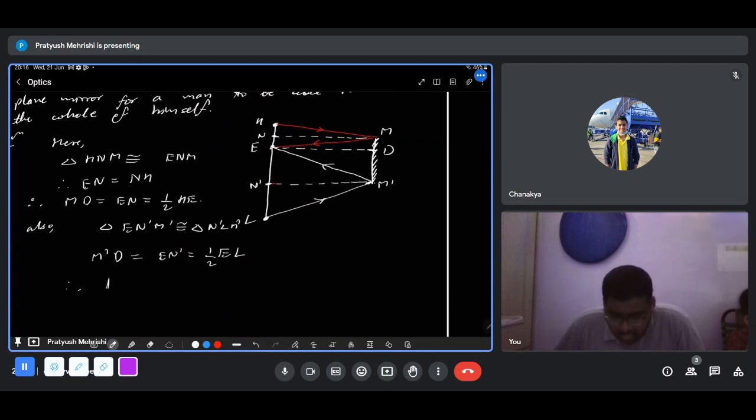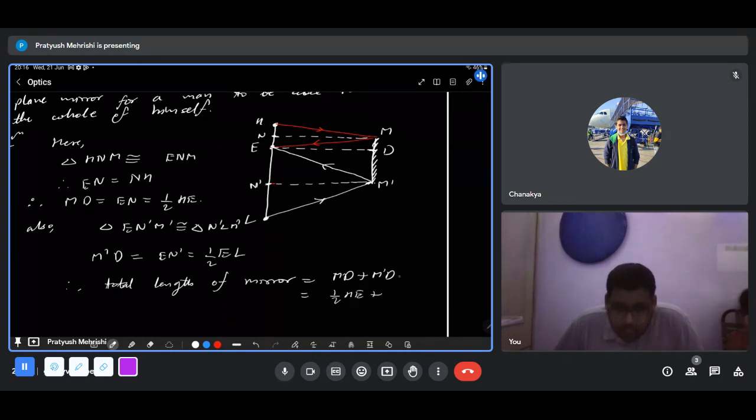Therefore, the total length of the mirror is equal to MD plus M'D. MD is equal to 1 by 2 HE, plus M'D is equal to 1 by 2 EL.